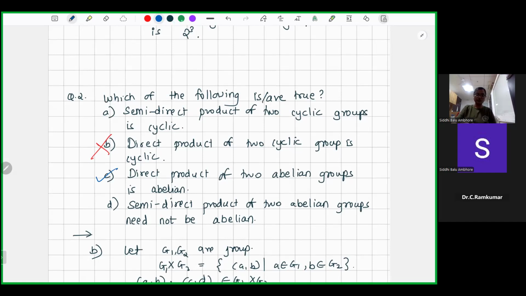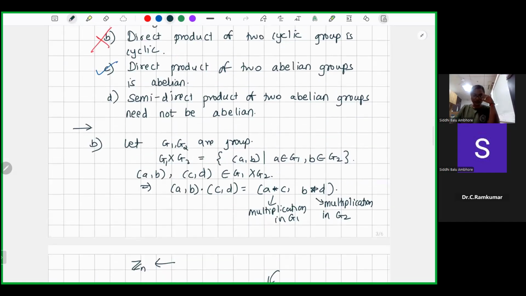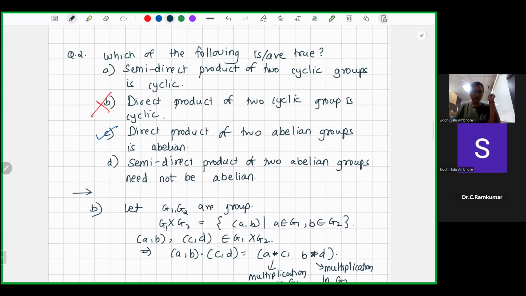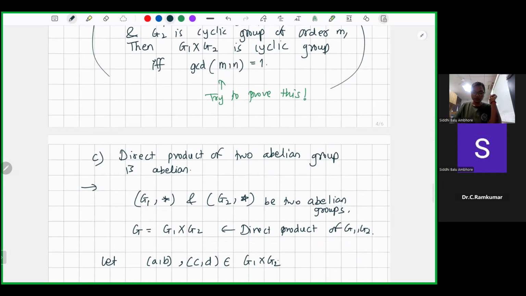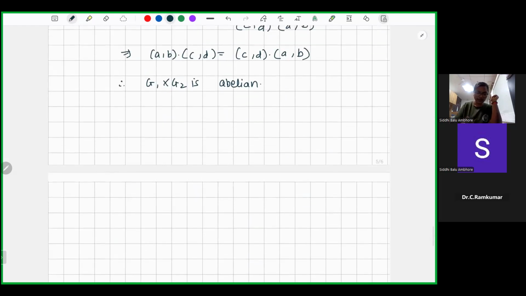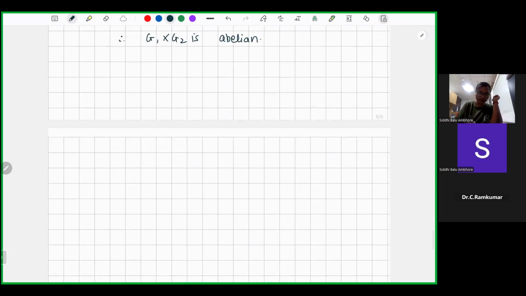Now let us go to this first part, which we are yet to understand. So yeah, the A part. Let me start it. The semi-direct product of two cyclic groups is cyclic.